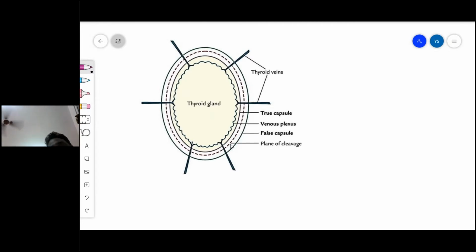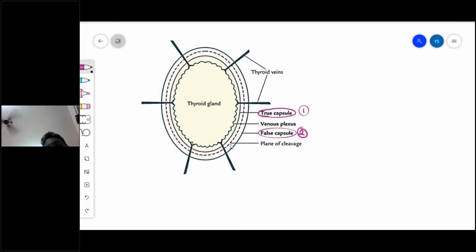That means coverings. Number one, true capsule, violet color. I am highlighting that one. Number two, here we can see the false capsule. True capsule and false capsule, we can see these two.